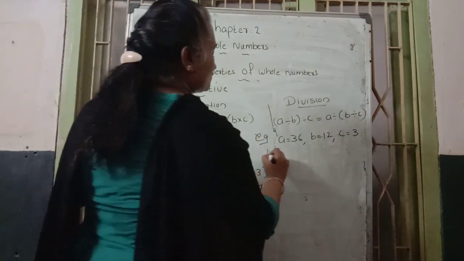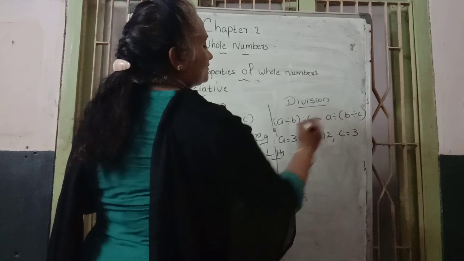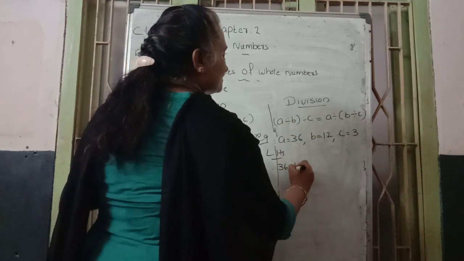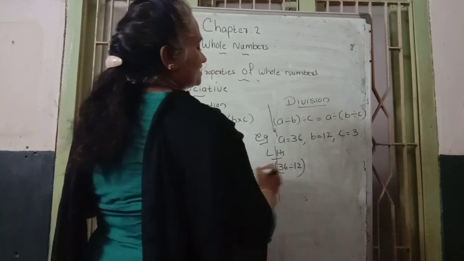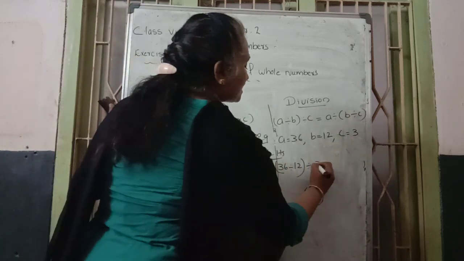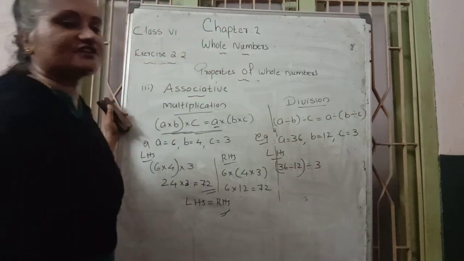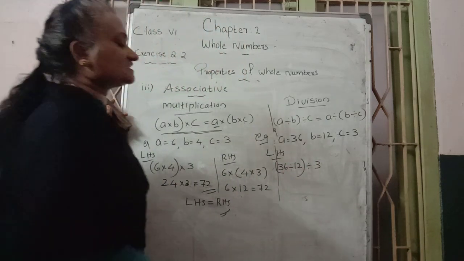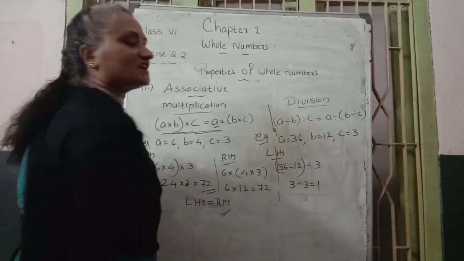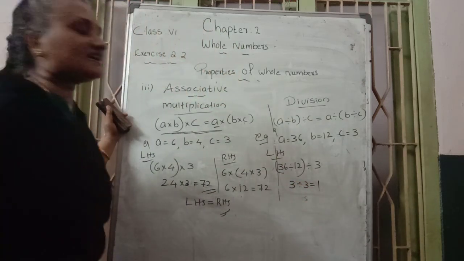Take the LHS of our formula, the general form: A value 36 divided by B value 12 inside the bracket, divided by C value 3. Calculation: 36 divided by 12, 12 table, when we get to 36? 3 times. So 3 divided by 3, same number division, means the answer is 1.